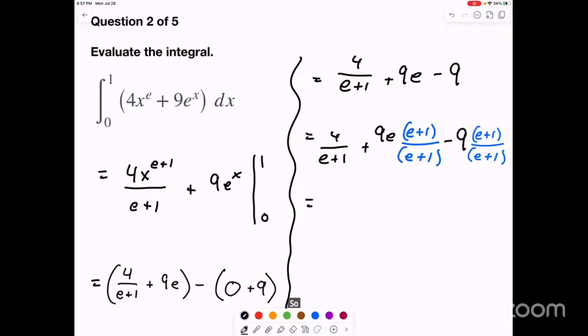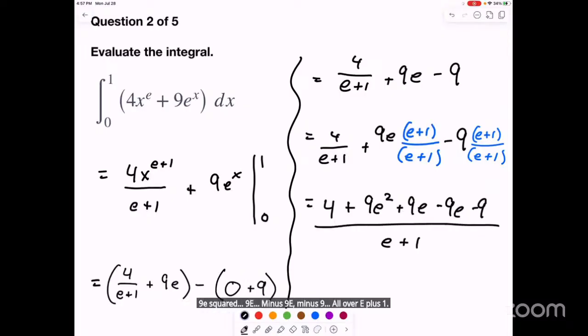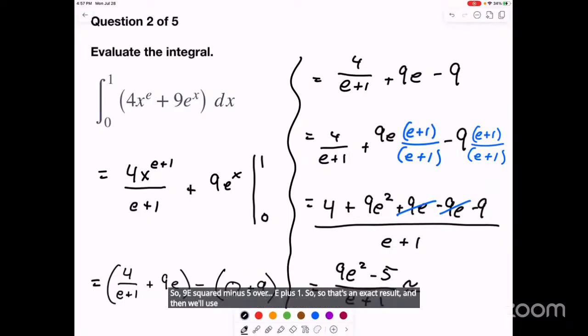So the top, we're going to have a 4, 9e squared, 9e minus 9e minus 9 all over e plus 1. Okay, so then this is a little bit extra. You don't need all this. What is that, a negative 5? Almost difference of squares. So 9e squared minus 5 over e plus 1. So that's an exact result, and then we'll use a calculator to get an approximation.